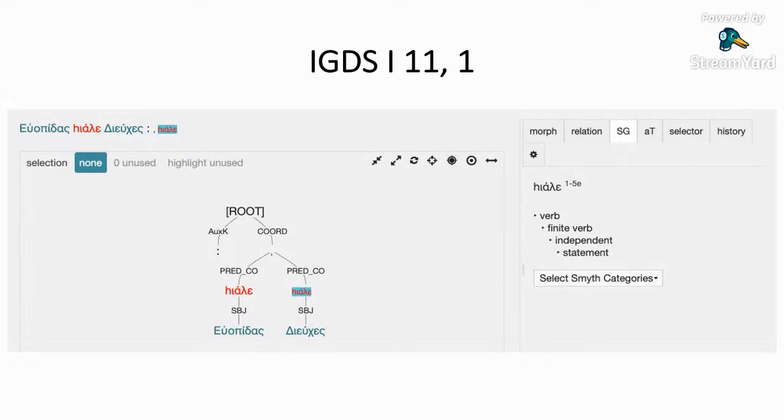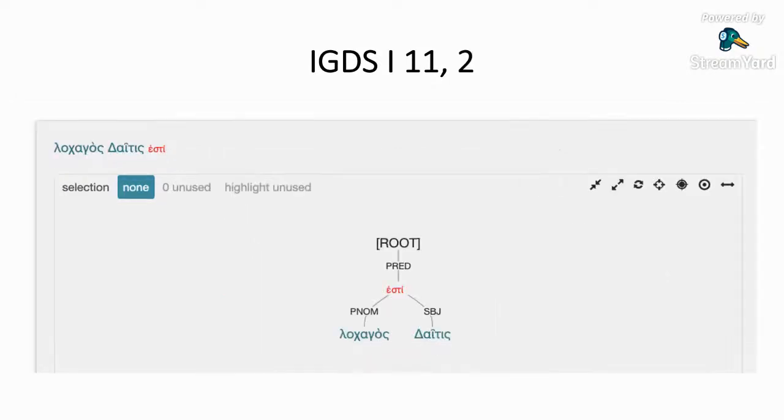And this sentence is separated from another sentence, this one, where there is Lochagos Daitis, and here there is this guy, Daitis, who is mentioned as the chief of the expedition.